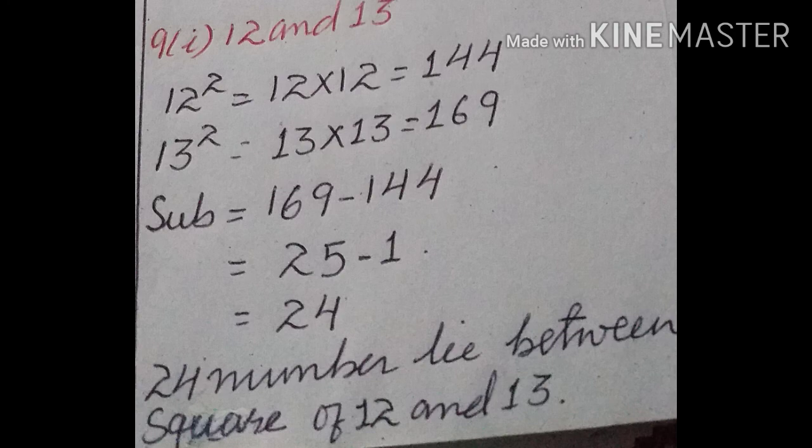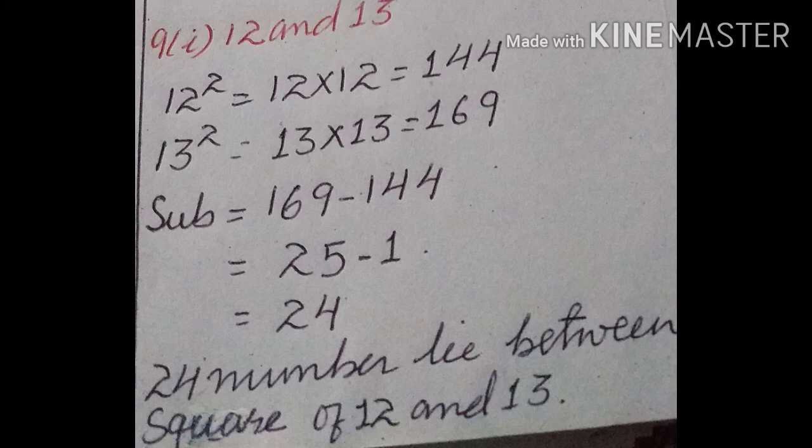And now next steps, you have to subtract square of 13 and square of 12. अब square of 13 त कति छ 169 minus 144. If you subtract it, you'll get 25. अनि 25 मा अझै तिमीले subtract 1. You'll get 24. So 24 numbers lies between square of 12 and 13.